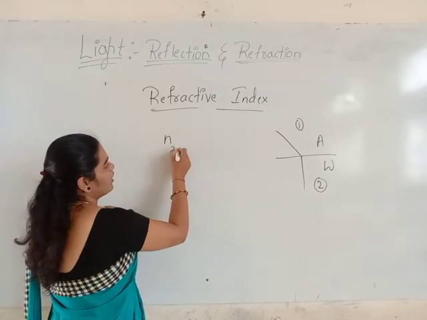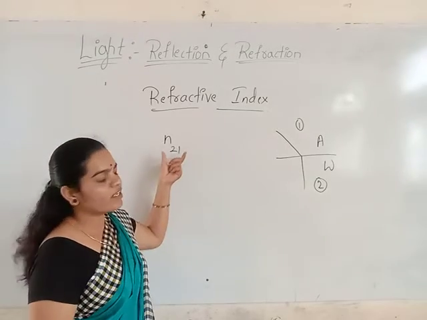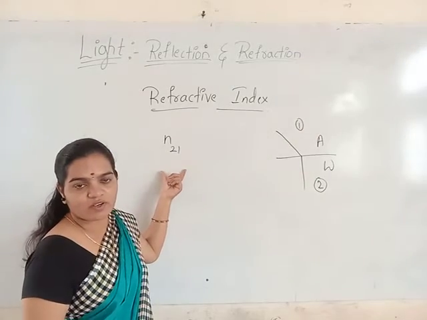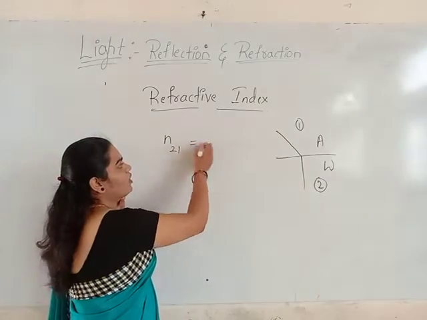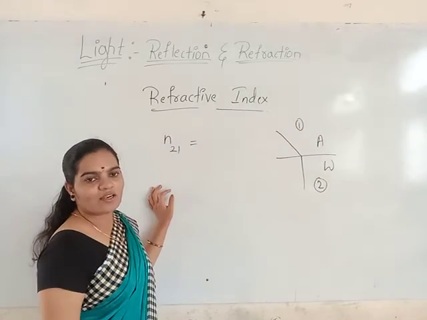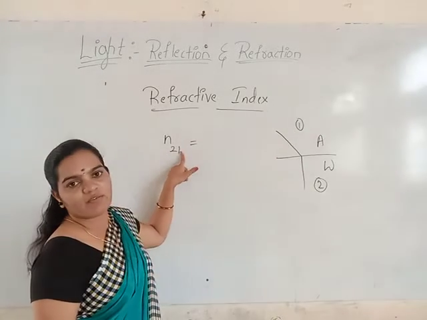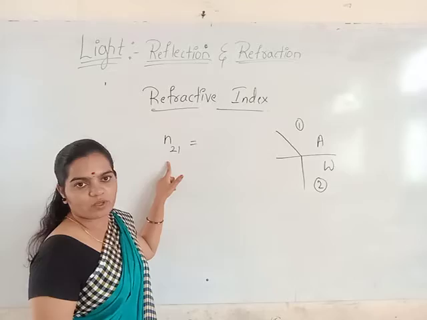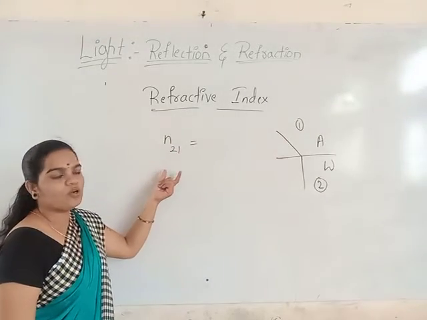So here I am supposed to write n21. How the denotation will be given here? Check it over once. How am I writing it? n21, because I am supposed to calculate the speed of light in the first medium with respect to the second medium. So I have to write it in the form of refractive index n21.